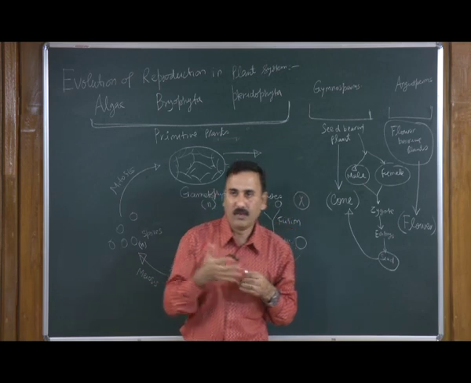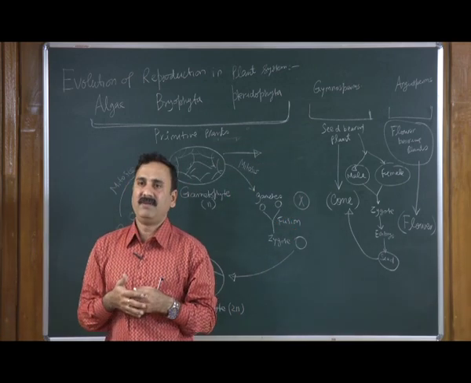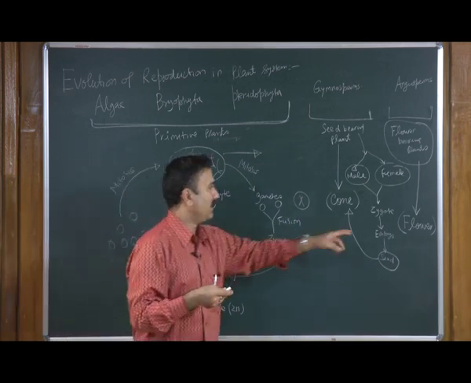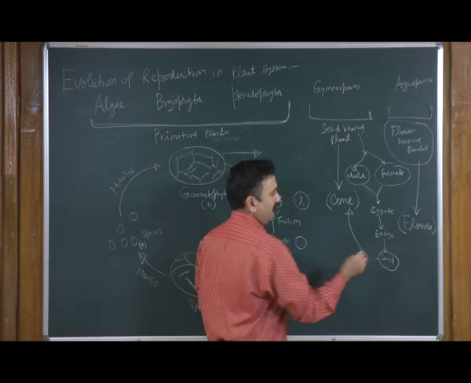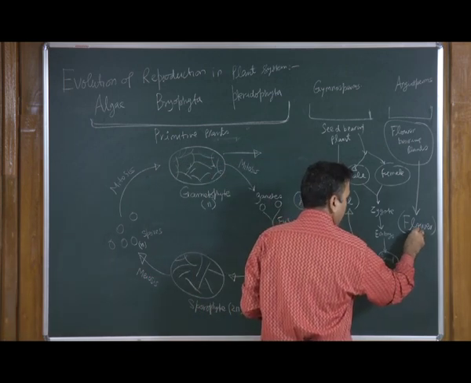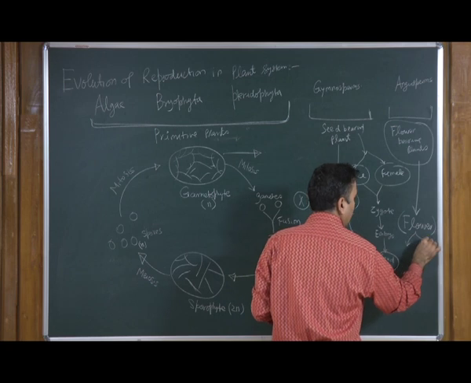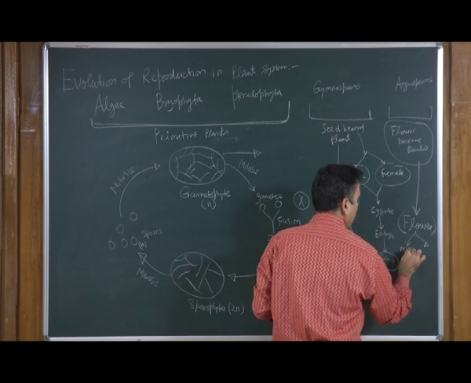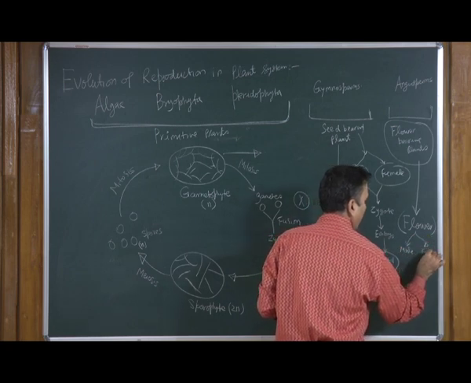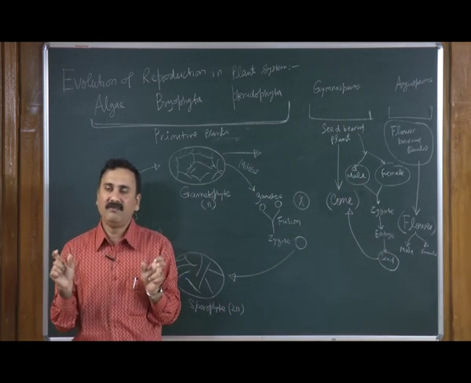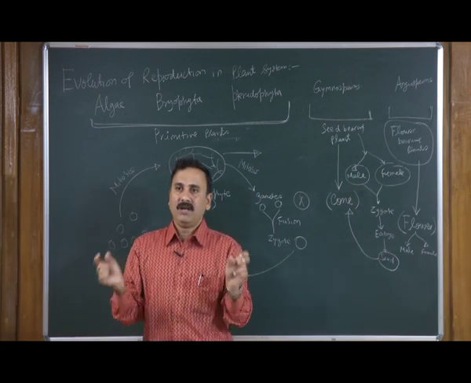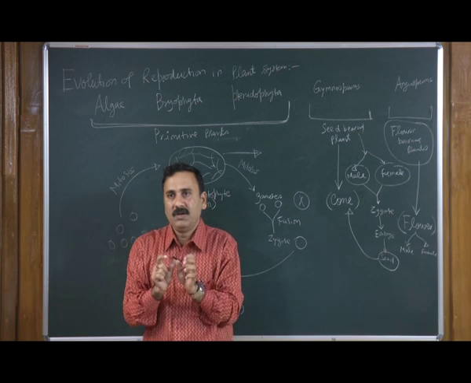There are no reports previously of flowers being present in gymnosperms. So, what is the advantage of the flower? The advantage of the flower is that it contains the male as well as the female sex organ in a well defined manner, and it is also enclosed in a structure.